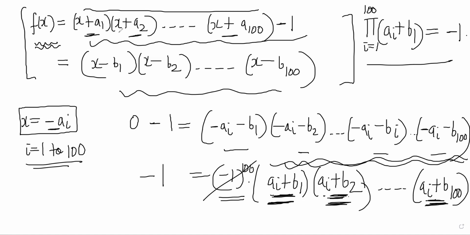So that meant that b1, b2, and b100 were all roots of this polynomial. So we rewrote it in terms of the x minus b1 factor and x minus b2 factor. And eventually it's just a matter of switching and writing x as minus ai, and we are proving the statement.